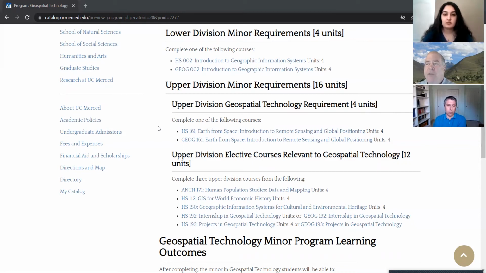And another thing that is interesting, and it will appear next year, is we're adding a GIS certificate. We've worked with the registrar where students who complete the courses required for the minor will also get a GIS certificate on their transcript. Now, this is what is called a credit-based certificate.